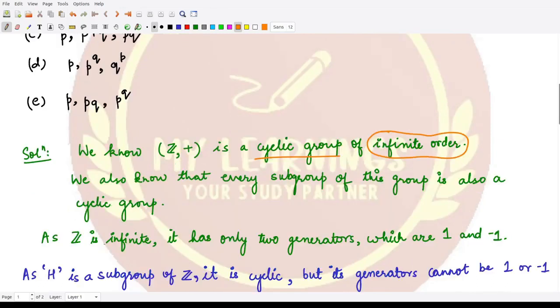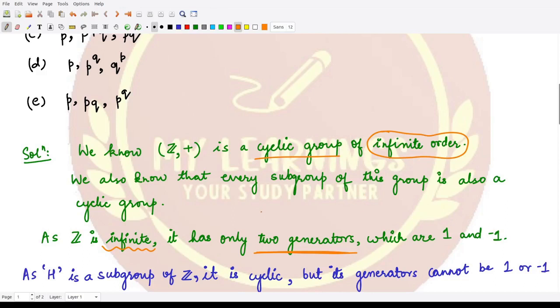Moreover, we know because Z is an infinite set, it would have only 2 generators. All of these things we have already studied in detail in group theory when we were discussing the concept. So if one is not able to recall what those are, they can go back to the theory part and then come back here.